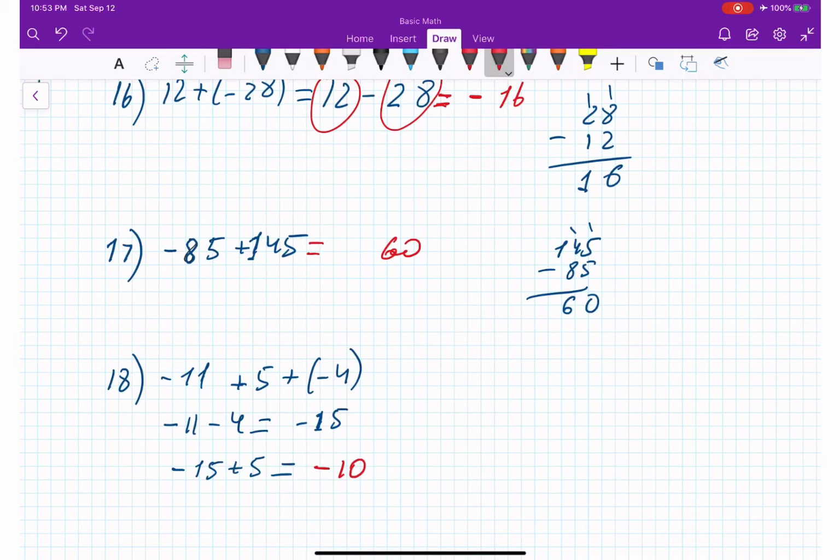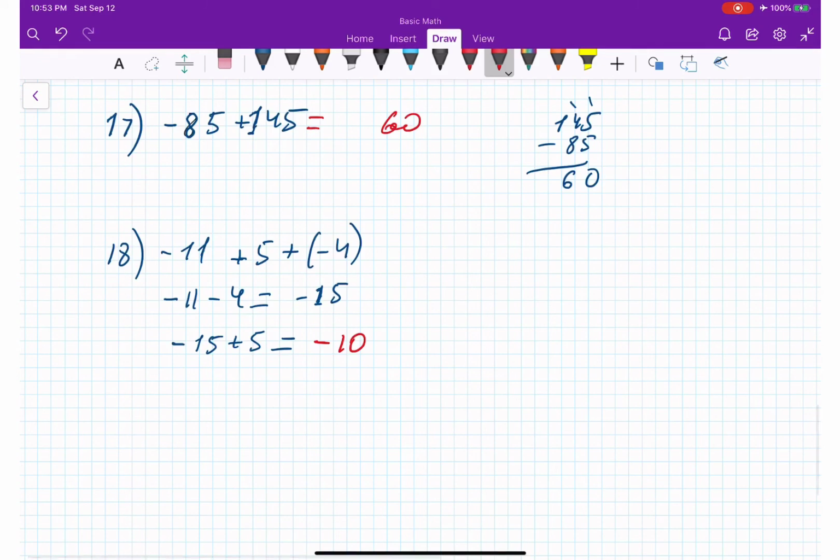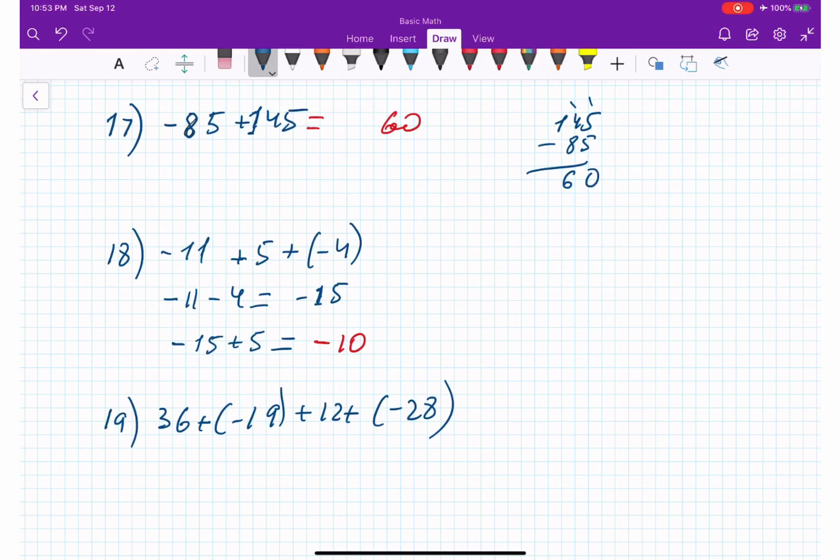And the last question. 36 plus negative 19 plus 12 plus negative 28. Since we have plus and then negative, I can drop all these pluses. I could drop the plus on 18 also, but I was combining, so it doesn't matter.